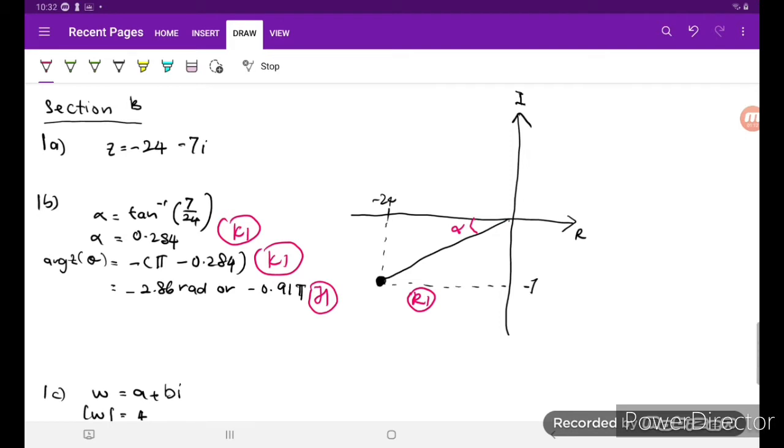You will get another mark here, and then you calculate the argument, which is this one argument. The calculation is negative pi minus 0.284. You get another mark, and then the answer is negative 2.86 or negative 0.91 pi radian is another mark.